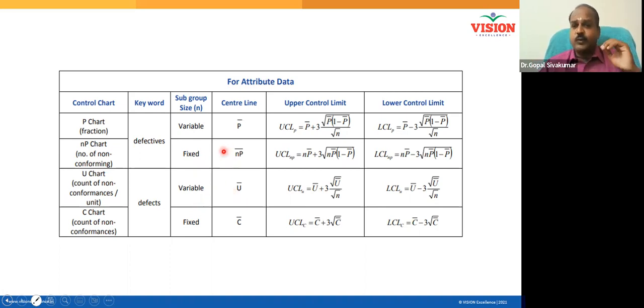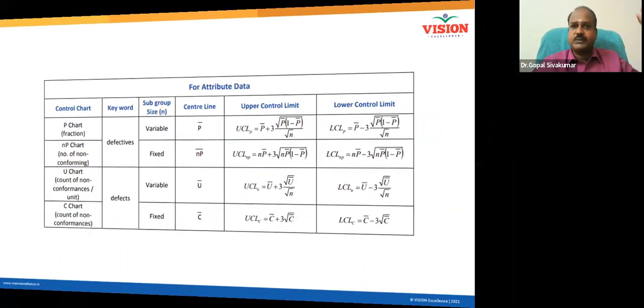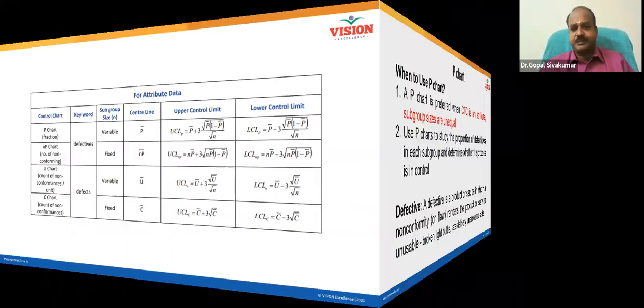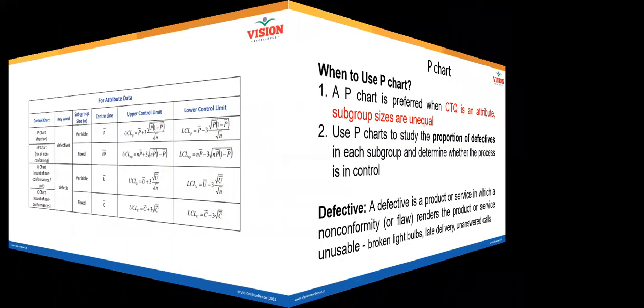In P chart, we are monitoring percentage defective in every subgroup. In C chart or U chart, we are monitoring number of defects per unit. And accordingly, formulas are there. I don't want you to read out the formulas, because formulas are created to save your time. Use that, right? So when to use P chart, I have explained.